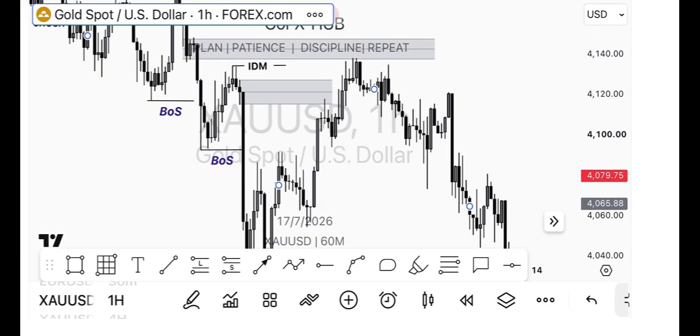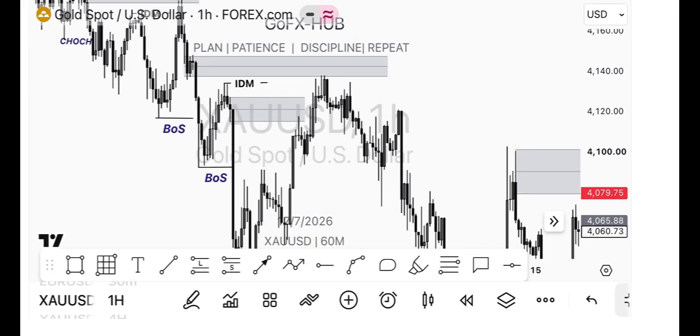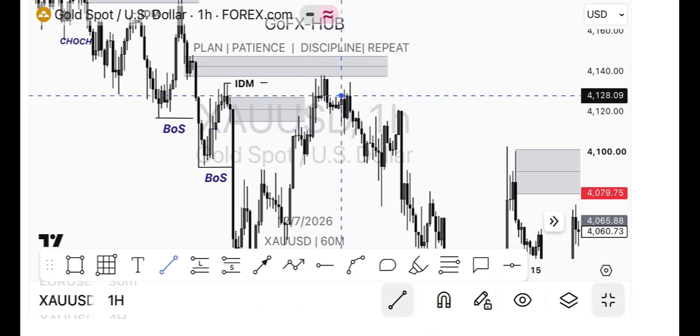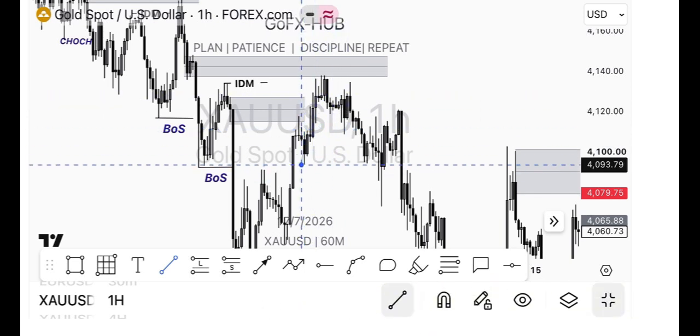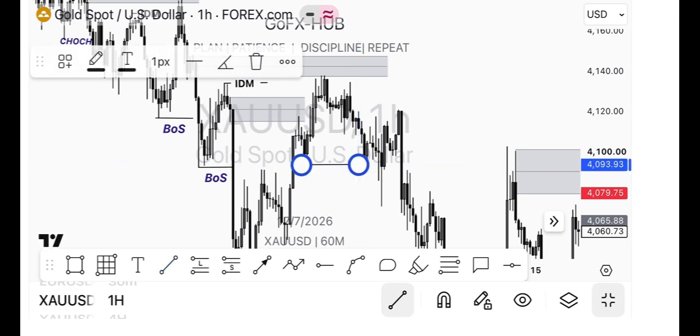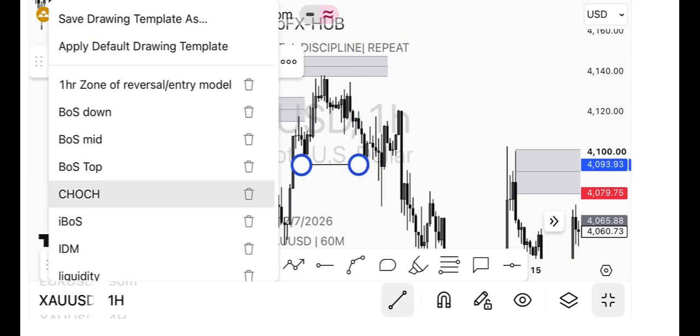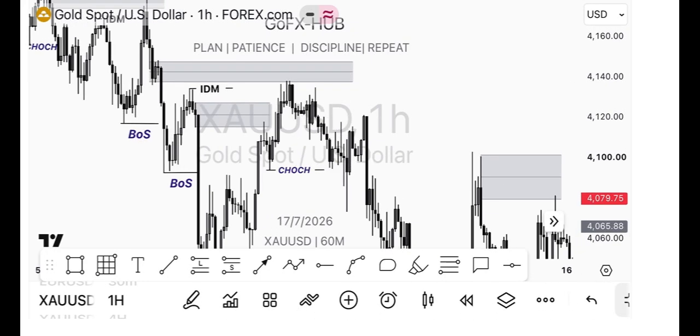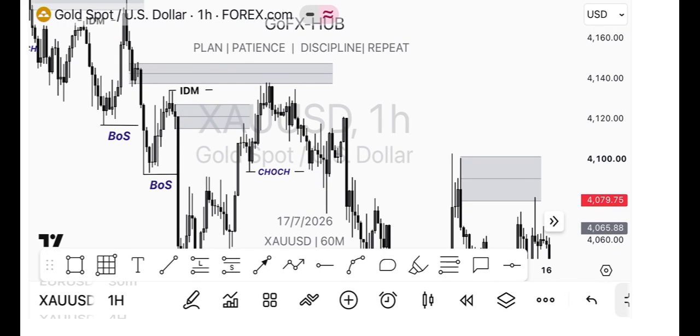And when it mitigated this order block, the same thing happened again at the lower time frame. This is the last change of character that happened here, the last pullback that made us have a change of character. So after a change of character, what did I say again? Notice your inducement.